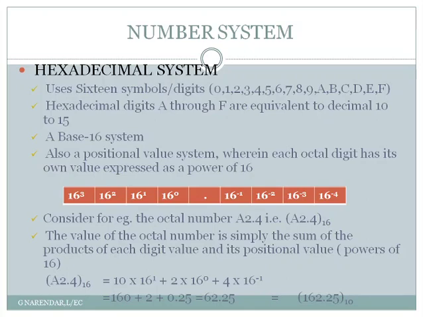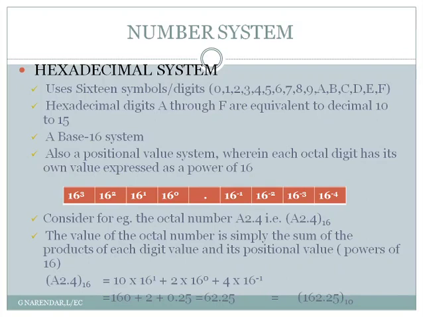It is also a position value system, wherein each position of the hexadecimal number has a certain position value, which is a power of 16. Moving right, away from the hexadecimal point, the position values are 16 power minus 1, 16 power minus 2, 16 power minus 3, and so on.